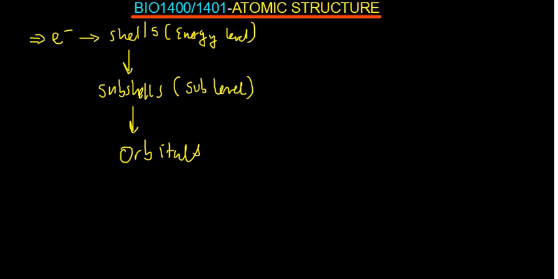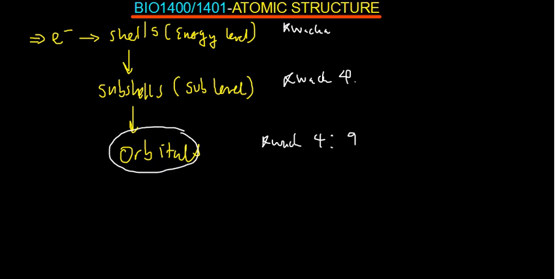So it is more like this. If I ask where is Shekinah, you are going to say Shekinah is in Kwacha hostel. This is the hostel where Shekinah is found. But where specifically? Kwacha block 4, room 9. You see, an orbital is more like a specific location.